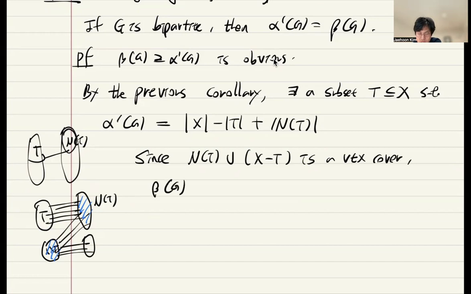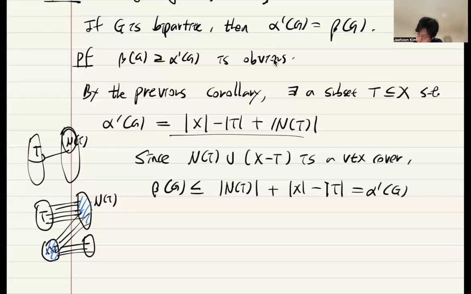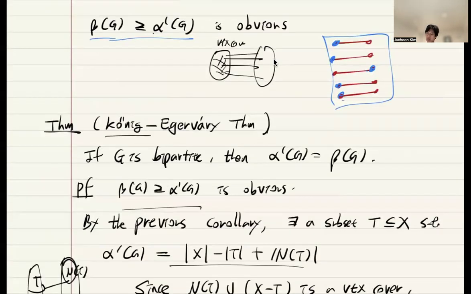The minimum size of the vertex cover is not bigger than this vertex cover, which has size N of T plus X minus T, which is alpha prime of G. So this inequality and this inequality give you the desired equality. So we have this Koenig's theorem.